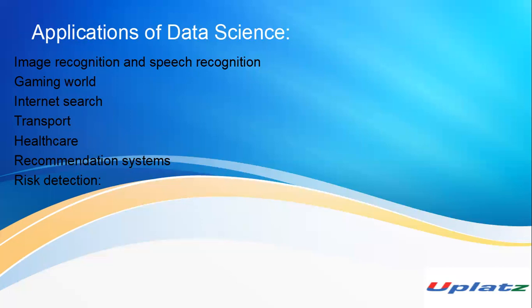Most of the companies such as Netflix, Google Play, Amazon Prime, and YouTube are using data science technology for making a better user experience with personalized or customized recommendations. When you search for something on Amazon and you start getting suggestions for similar products, this is because of data science technology.